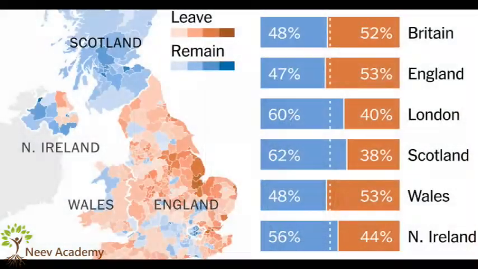If you look at the Brexit referendum, we will talk about some interesting things. So this is the Brexit referendum. As you can see, overall 51.9% to be precise voted to leave the European Union, and the remaining 48.1% decided to remain in the European Union. So overall, the Leave people got a majority.